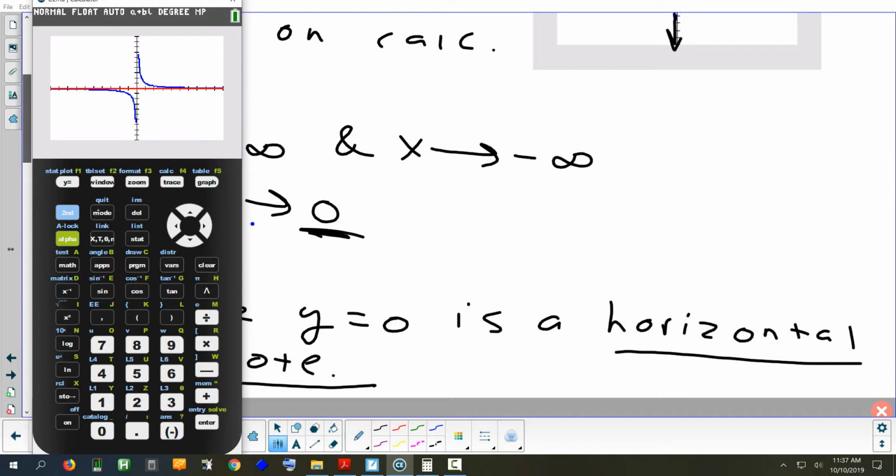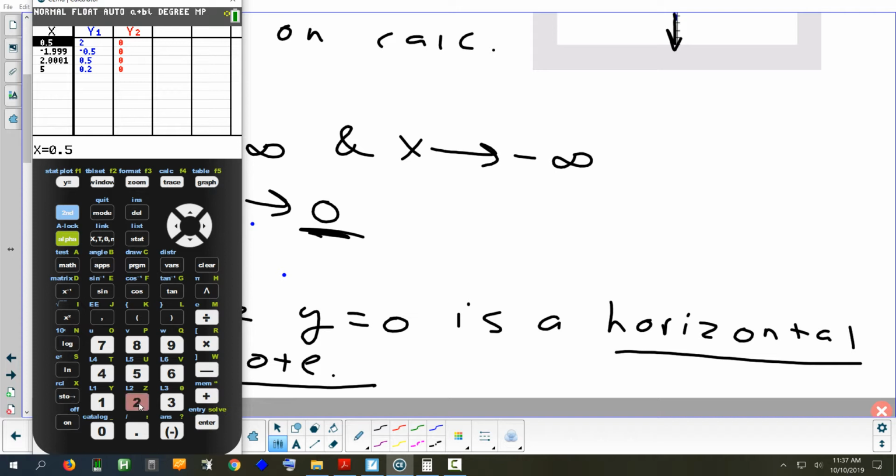If you try going to the table, let's run this. It's a bad day for the calculator. You go to the table and you type in second table. Type in a value like 25. I don't know if you can really read it, but it says 0.04.